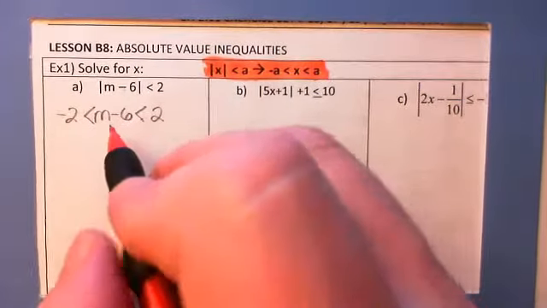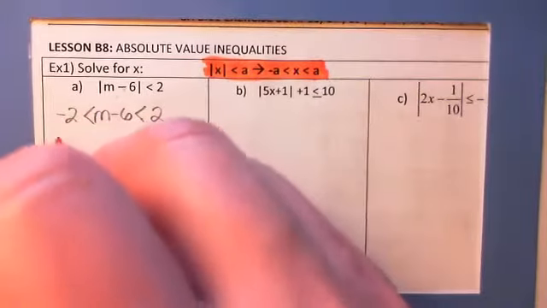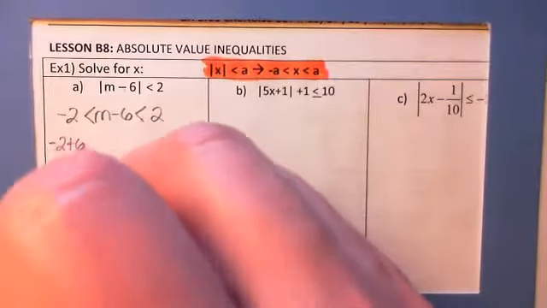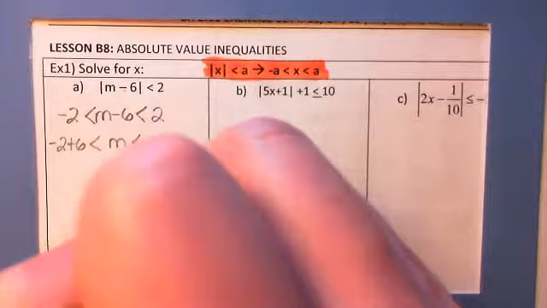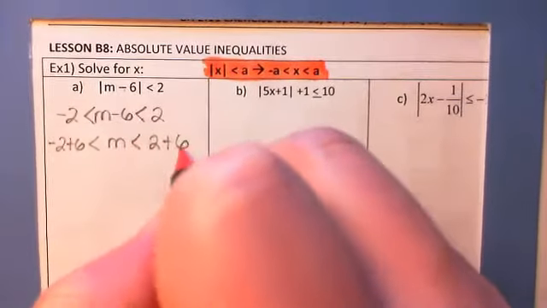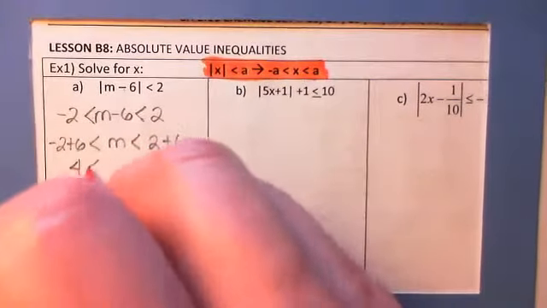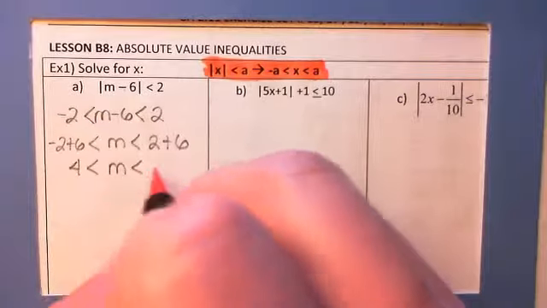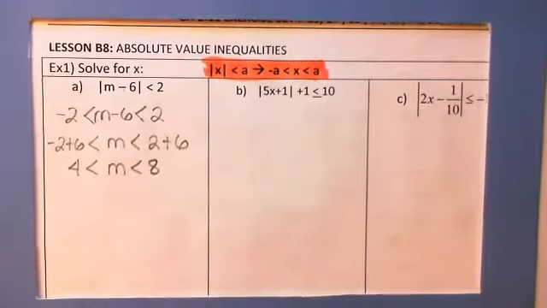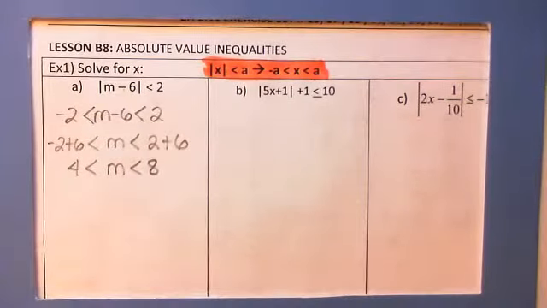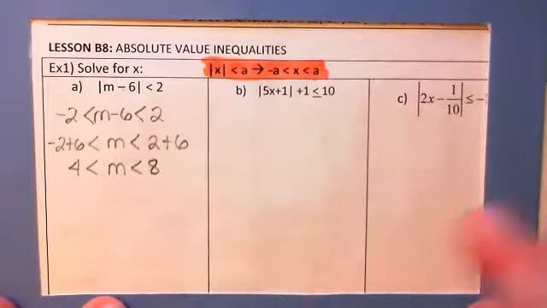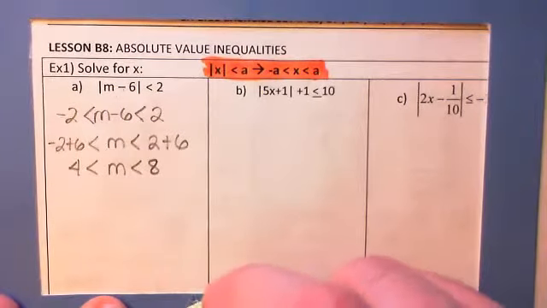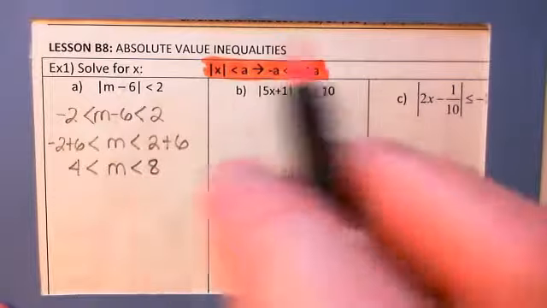Then we just solve it like we solved it before. So this would be negative 2 plus 6, with the n in the middle, and 2 plus 6. So this would be 4, and this would be n, and this would be 8. So our answer lies in the interval of 4 to 8.